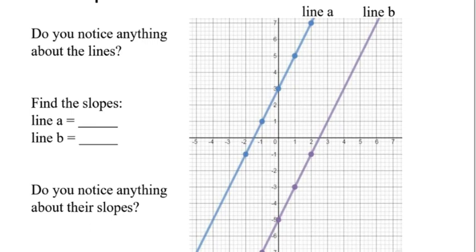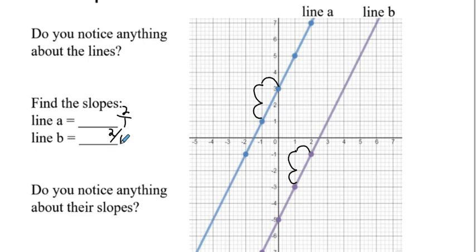Well, since they're on here, I'm just going to count. 1, 2, so line A is 2 on top and 1 on the bottom, so 2 over 1. Line B, 1, 2 on top and 1 to the right on the bottom.